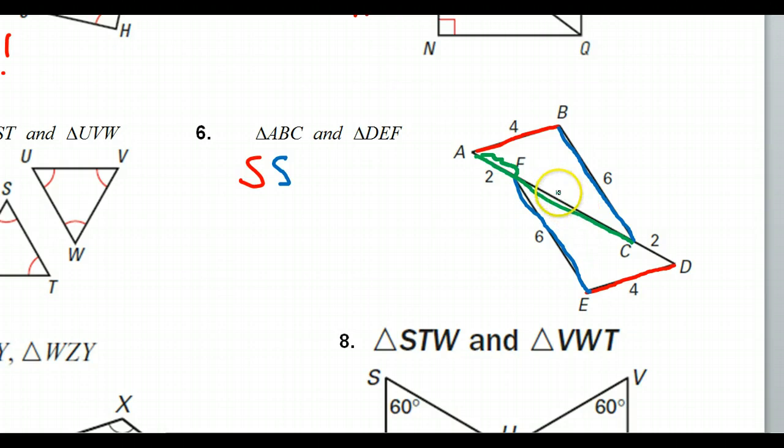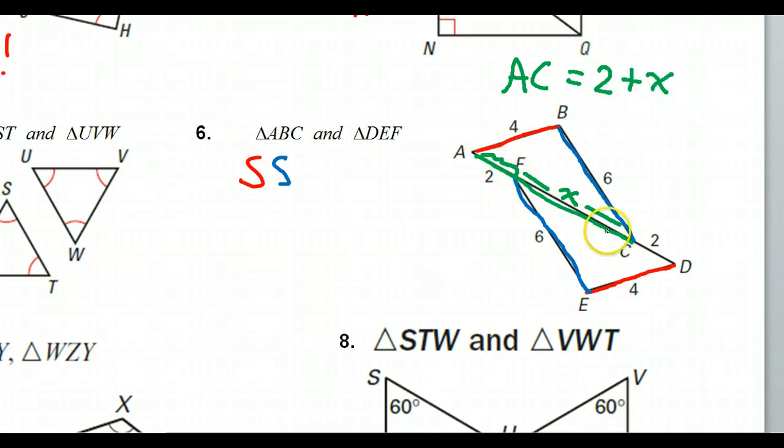And then let's say this part that's FC, let's call that X. The length from A to C, wouldn't that just be 2 plus X? Because I got the little 2, and then I got the rest of it, the FC part.